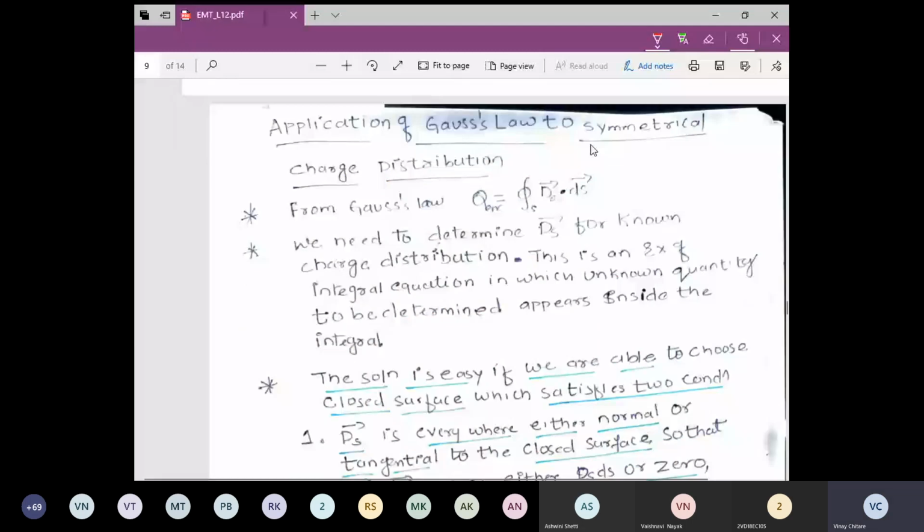Is this visible? Is this a visible application of Gauss's law? Yes, sir. Shall I proceed?